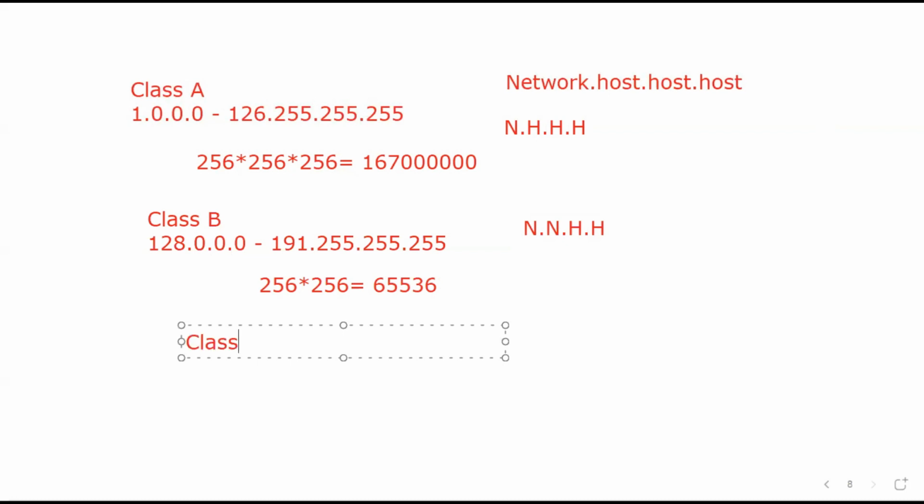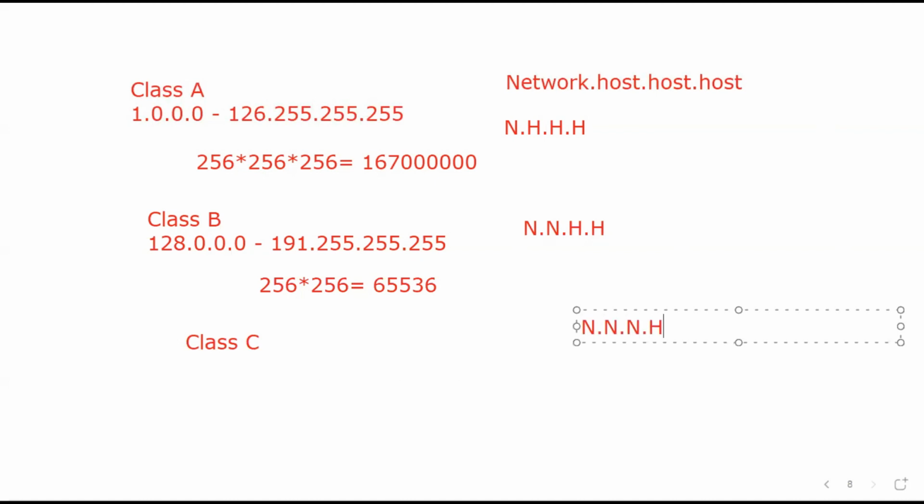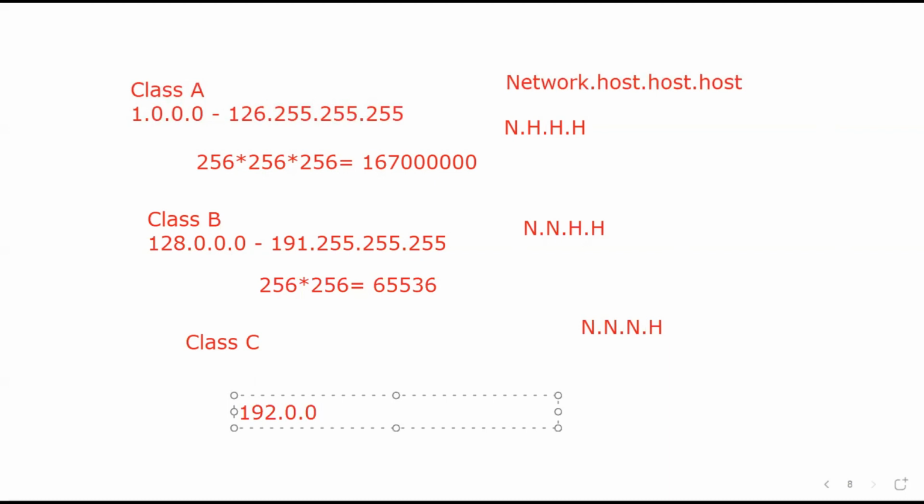Then there is our class C, in which one host octet is given and three are fixed for network. Written as n.n.n.h. And this IP range starts with 192.0.0.0 to 223.255.255.255, right?